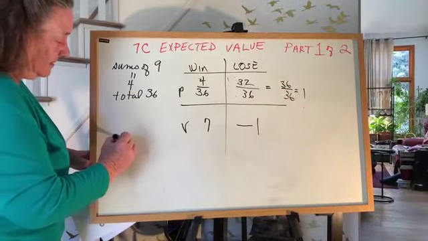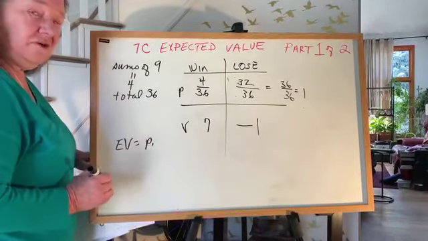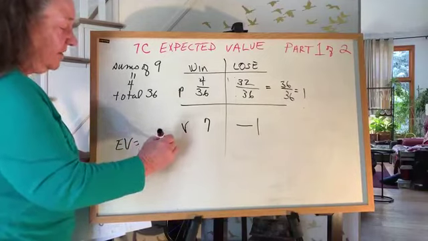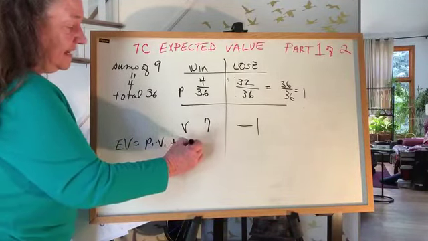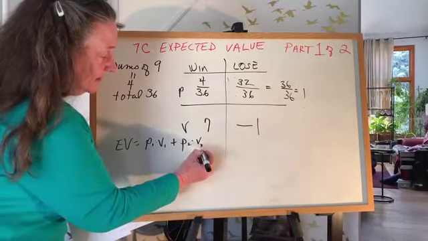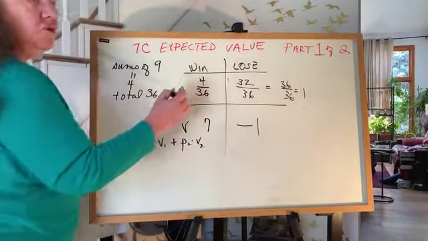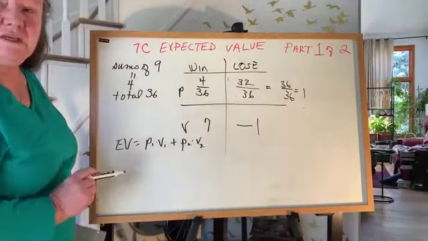So the expected value formula is the probability of the first event times the value of the first event plus the probability of the second event times the value of the second event. I only have 2 events, 1, 2, so I only need 2 of these. Okay?